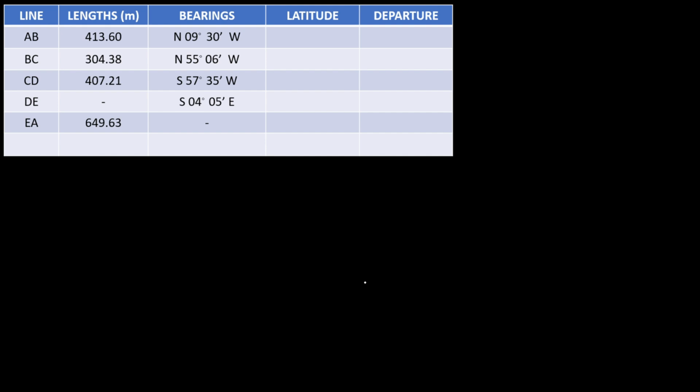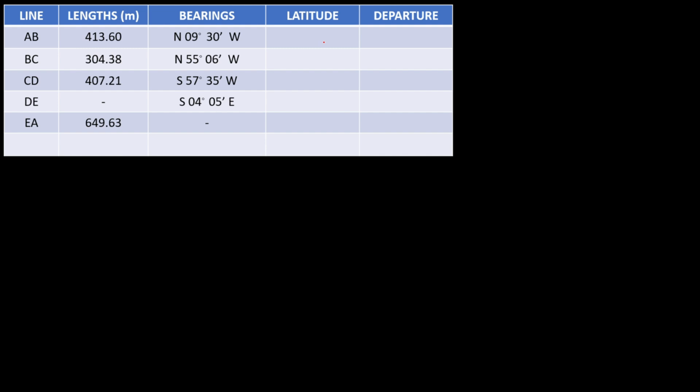Dito, kunin natin yung latitude and departure ng mga line na merong mga length at bearing na given. Sa line AB, BC, CD, meron silang length at bearing, so yun yung kukunin natin, yung latitude and departure nila.